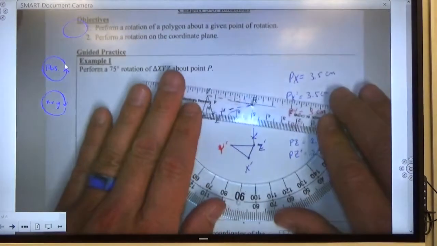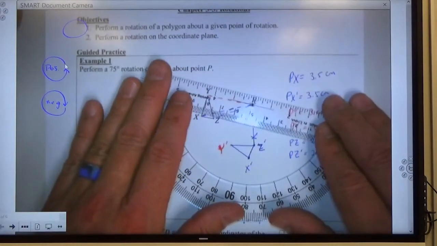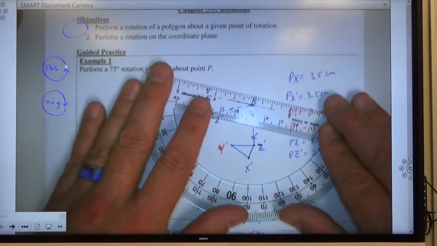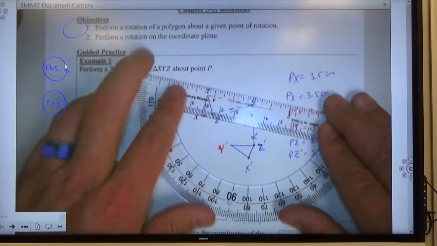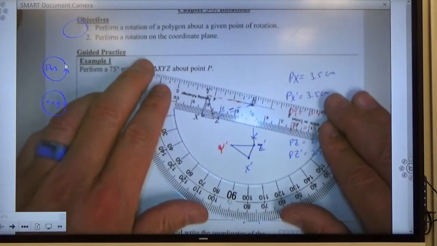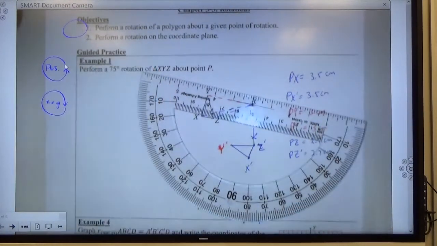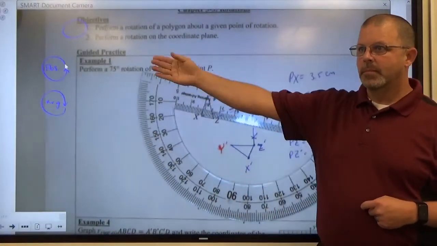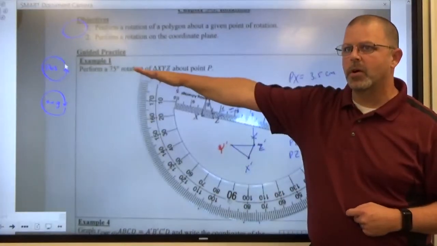Everybody take a quick look here. I'm going to do the red one again. All right. So if I'm at P and I'm lined up here, how do we know which 75 to go to? I go like this, and then I go to this 75, because my line's going this way. I'm looking at this as my 0.